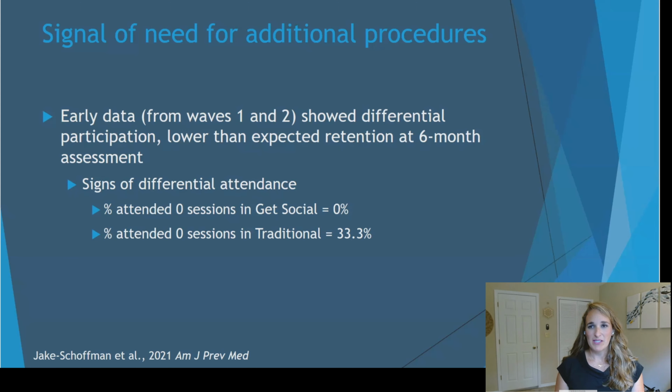So it seemed like there might be some sort of preference for a condition, where people were not completely sold on being randomized potentially to either condition. And then retention was about 80%, which is adequate retention in the literature. That's a bar that we often strive for, but as you'll see, we could do better.